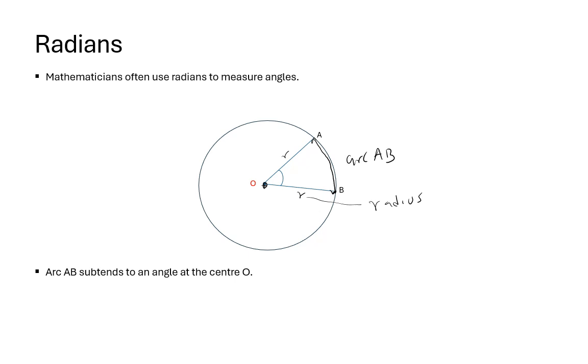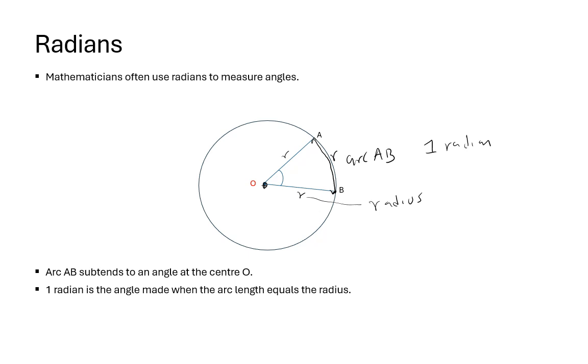So how do we measure radians? One radian is an angle that's made when an arc equals the length of the radius. So if this arc is R, then we have one radian. That's if the arc and the radius are of the same length.